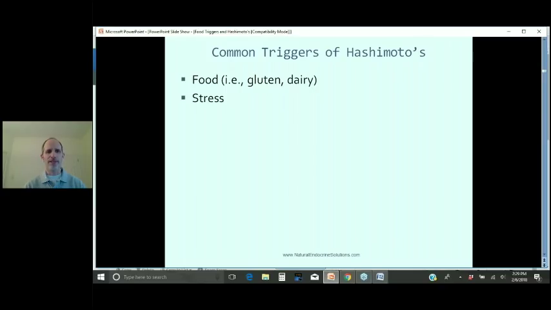It causes a decrease in secretory IgA, and that could lead to leaky gut, which, as you know, is also part of the Triad of Autoimmunity. And microbes, so infections, pathogenic bacteria, parasites, and viruses, could also be triggers. And then environmental toxins, for example, mercury or BPA, bisphenol A.